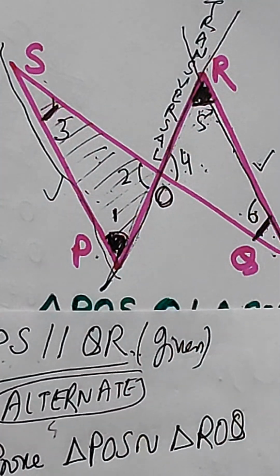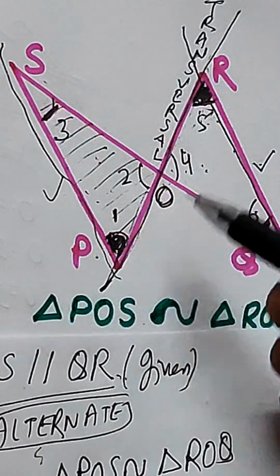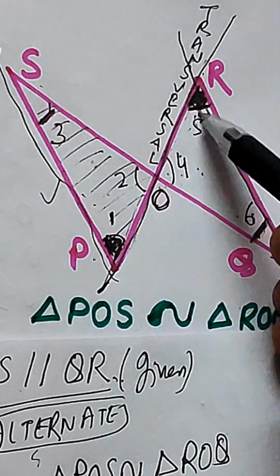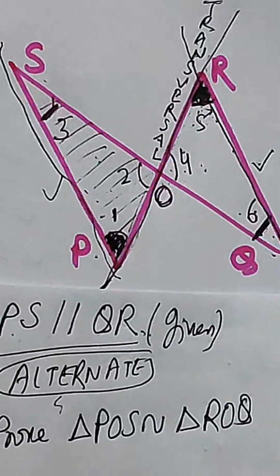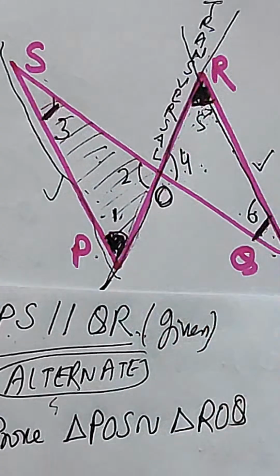Then if this is the transversal, definitely these are the alternate angles, angle 5 and angle 1.